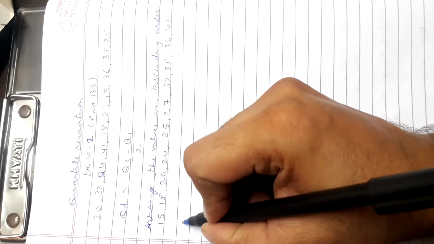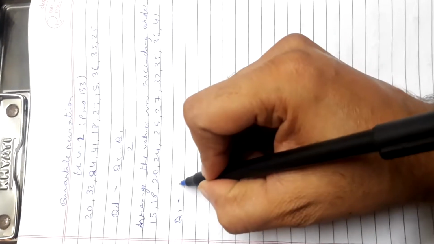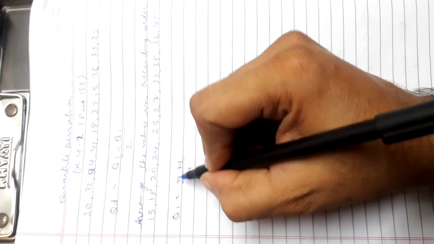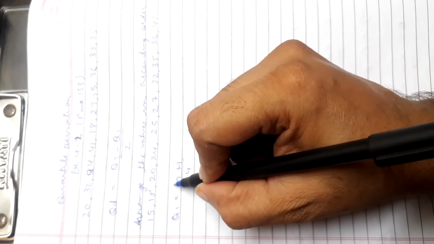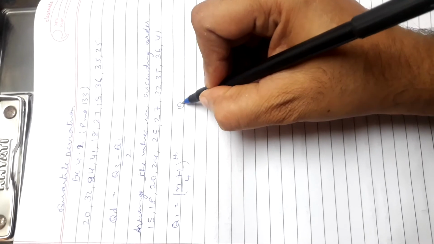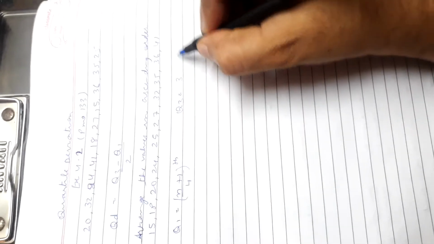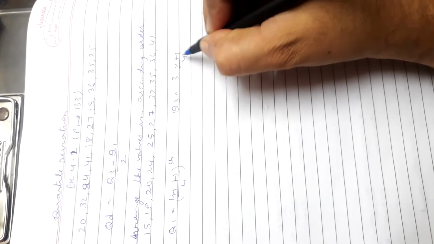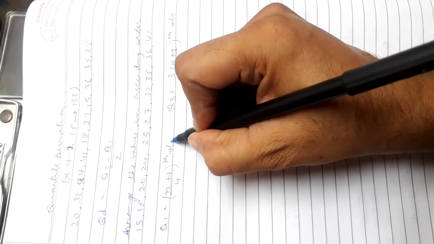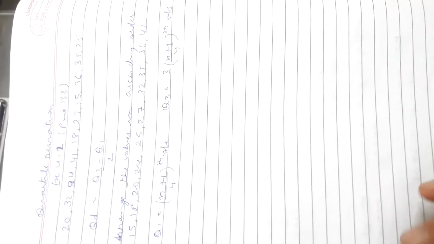Now to find out Q1, the formula is (n plus 1) divided by 4th observation. And to find out Q3, 3 times (n plus 1) divided by 4th observation. That is, it is multiplied by 3. Now we will find out the values of Q1 and Q3.